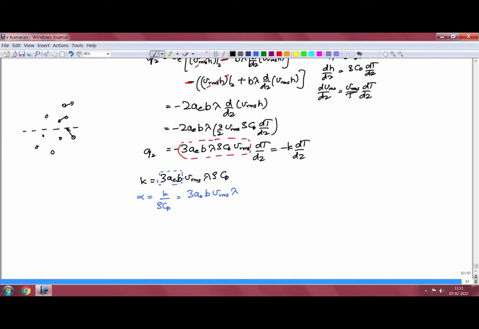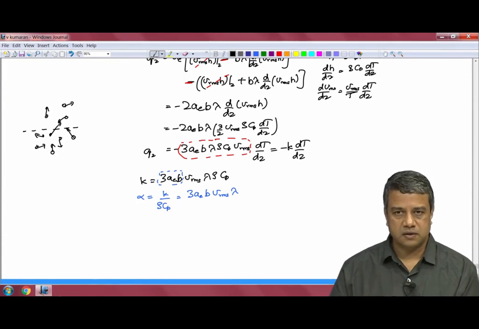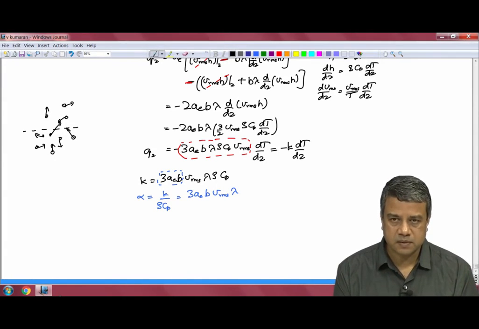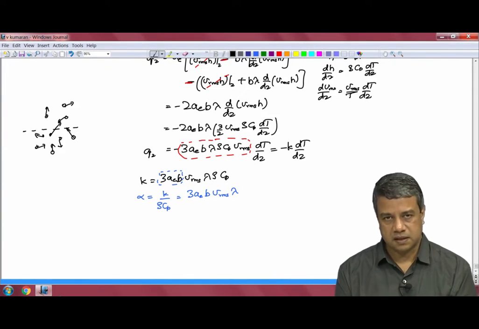Whether it is mass diffusion or thermal diffusion in a gas, it requires that a molecule actually cross the surface and carry with it the solute or the energy. And because the mechanism is the same, the diffusion coefficients have the same dependence on the mean free path and the root mean square fluctuating velocity in a gas.